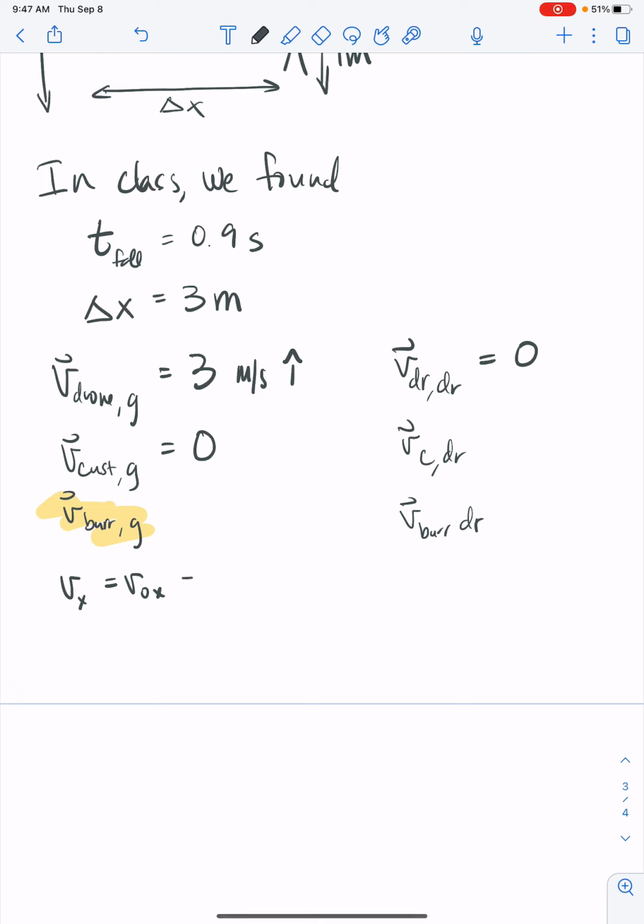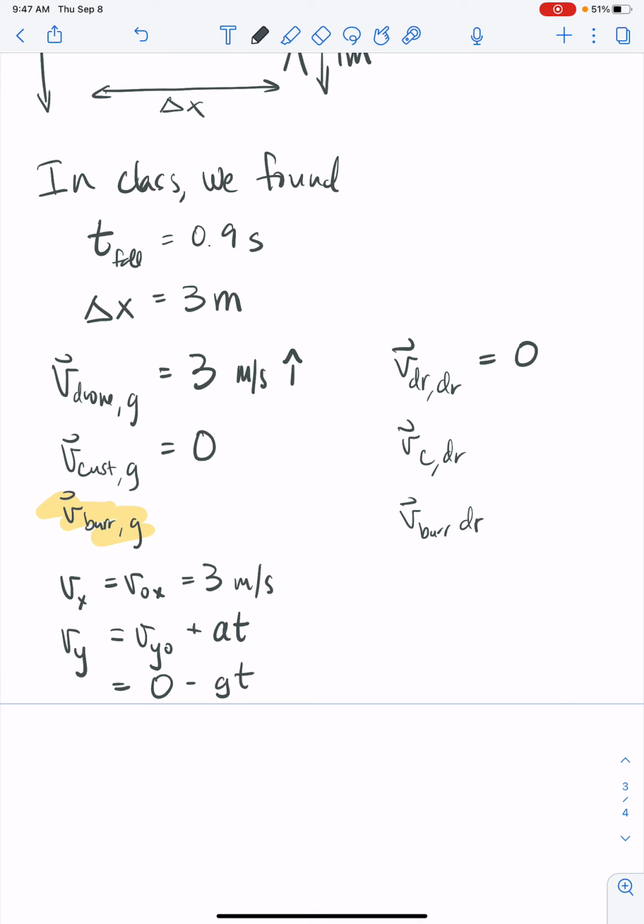That's the same as v naught x, which is 3 meters per second. And our y velocity equation is vy naught plus at. Acceleration in this case is negative g, and vy naught is 0. So it's 0 minus g times t.